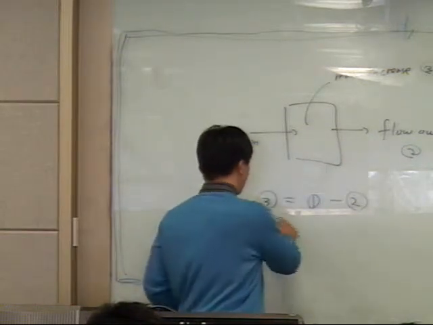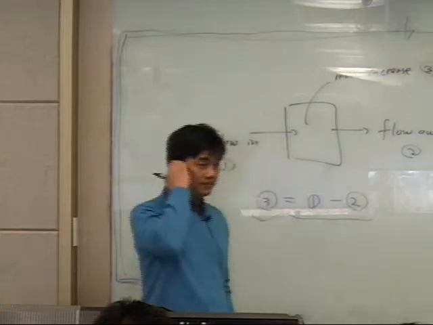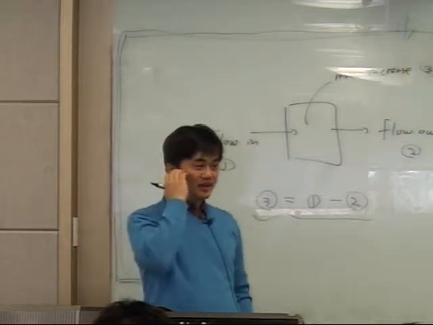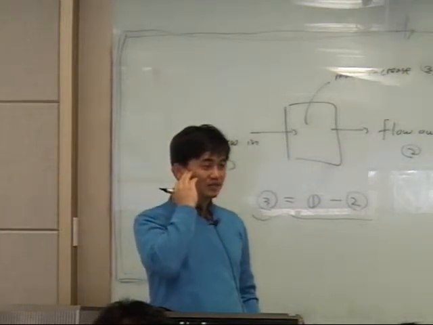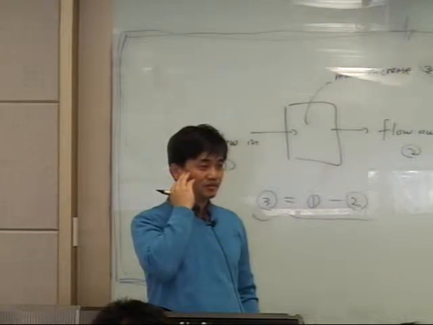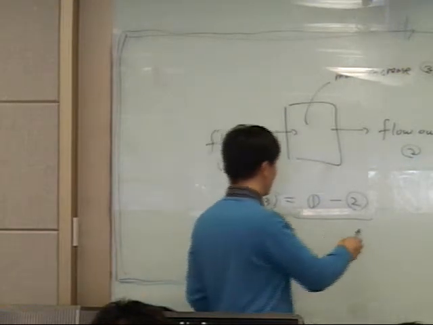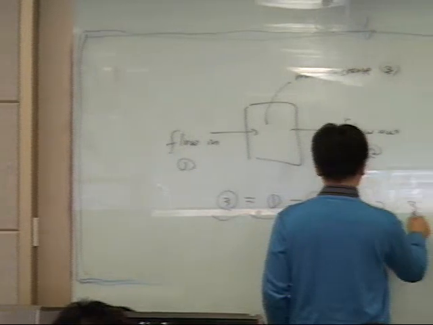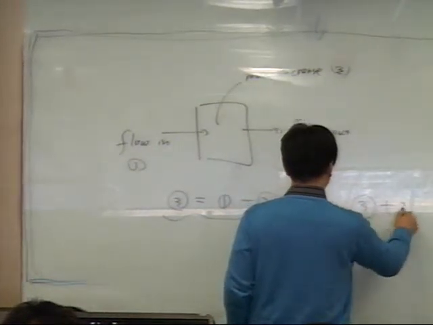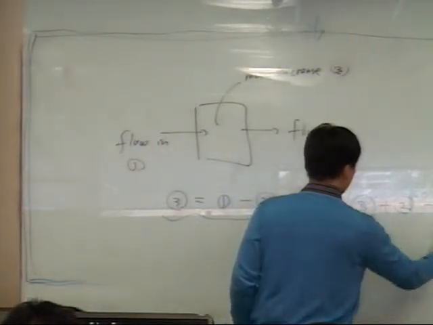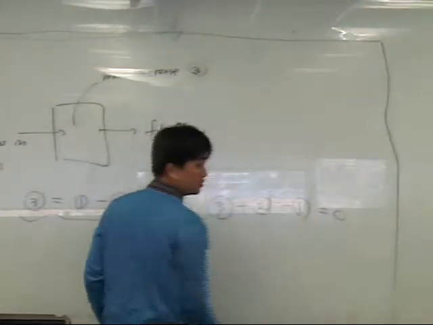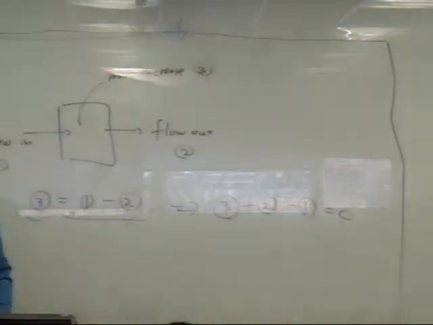So this equation means, I think you know about the Reynolds transport theorem. Reynolds transport theorem is 3 plus 2 minus 1 equal 0. Same thing. So okay.